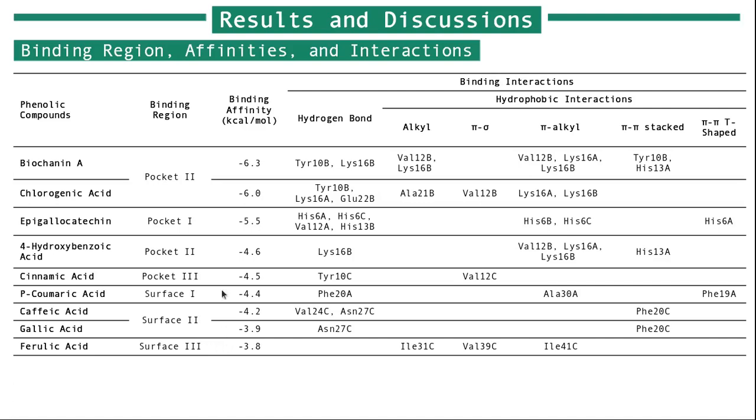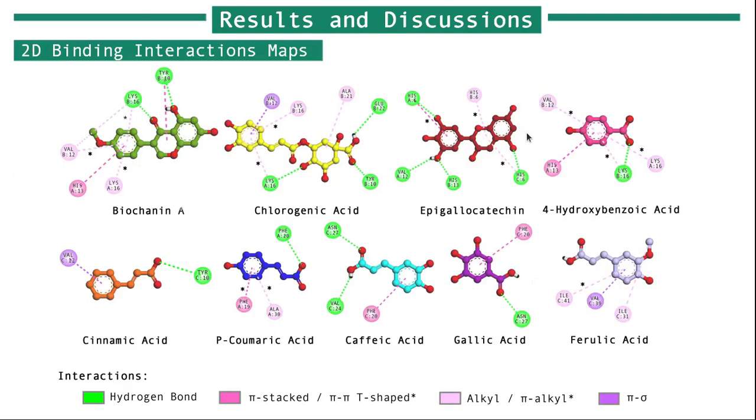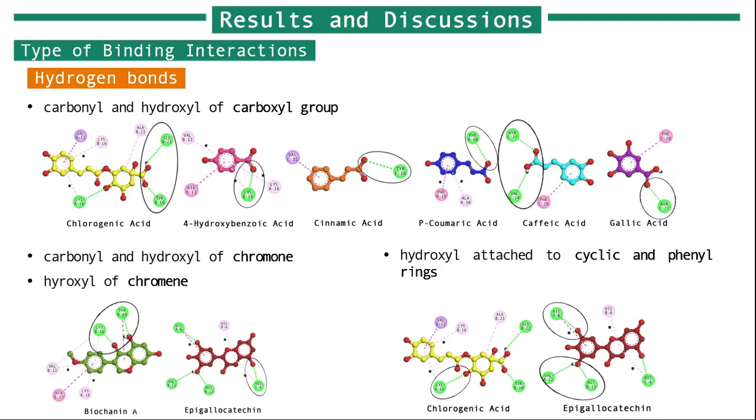We also can see there are two types of interaction, which are hydrogen bonds and hydrophobic interactions. Here are the binding interaction maps. And then we move to the types of binding interaction.